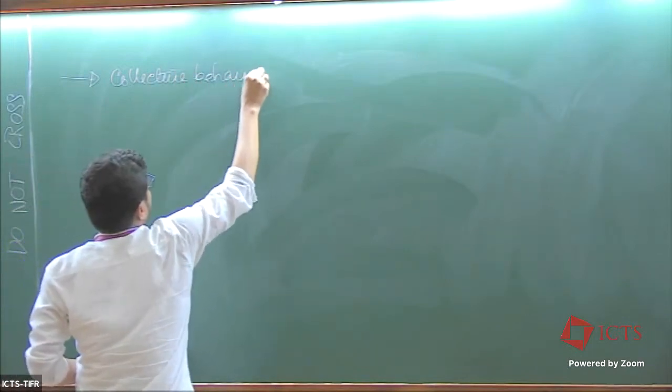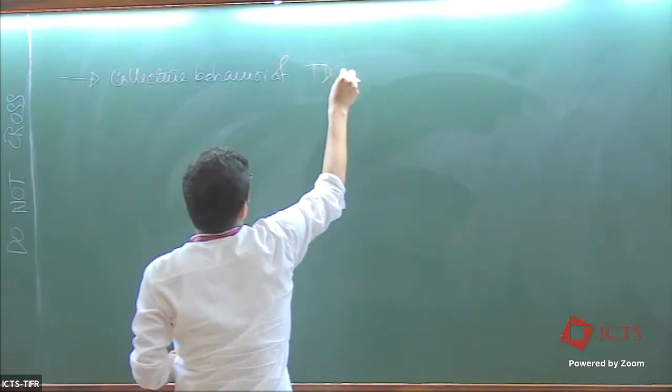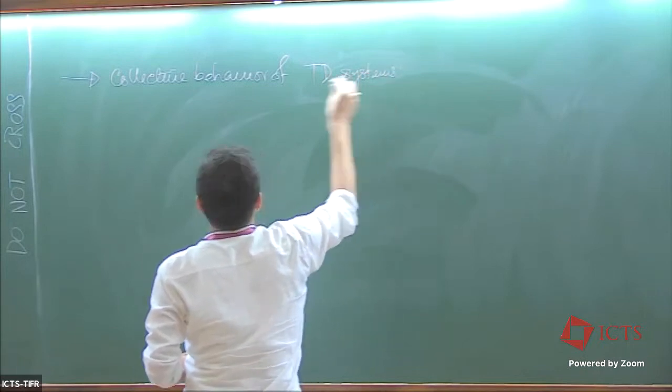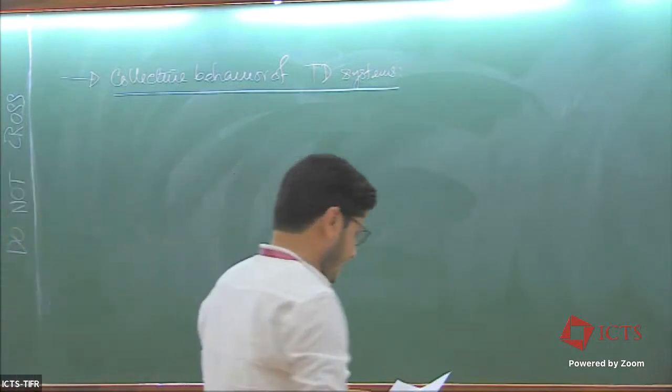Okay. Now the next question comes: collective behavior of time delayed systems. So what happens if we connect more than one system in some connection topology? Okay.